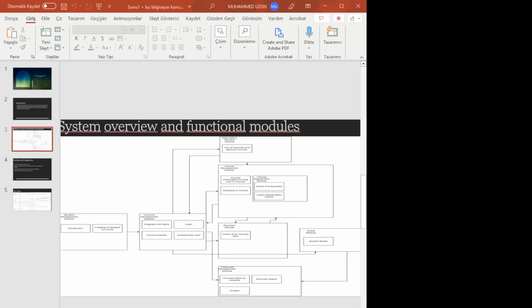And this module interacts with the account management module, the course management module, and the payment module. The payment module is responsible for managing the payment for the courses. It interacts with the XAZ Bank for transactions and checks if prior courses have been paid for before a new registration.